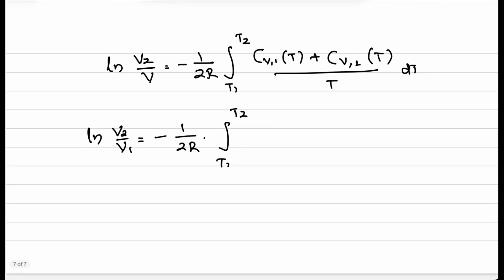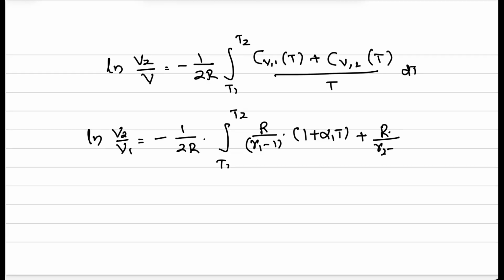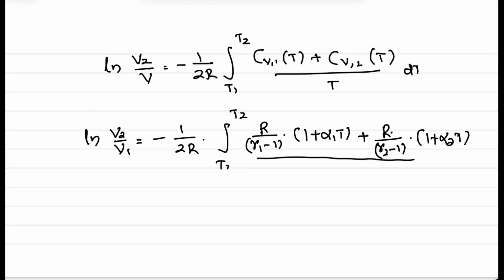I will write R divided by gamma 1 minus 1 into 1 plus alpha 1 T plus R divided by gamma 2 minus 1 into 1 plus alpha 2 T. This is what is given. Whole divided by T dT. Are you able to follow me?